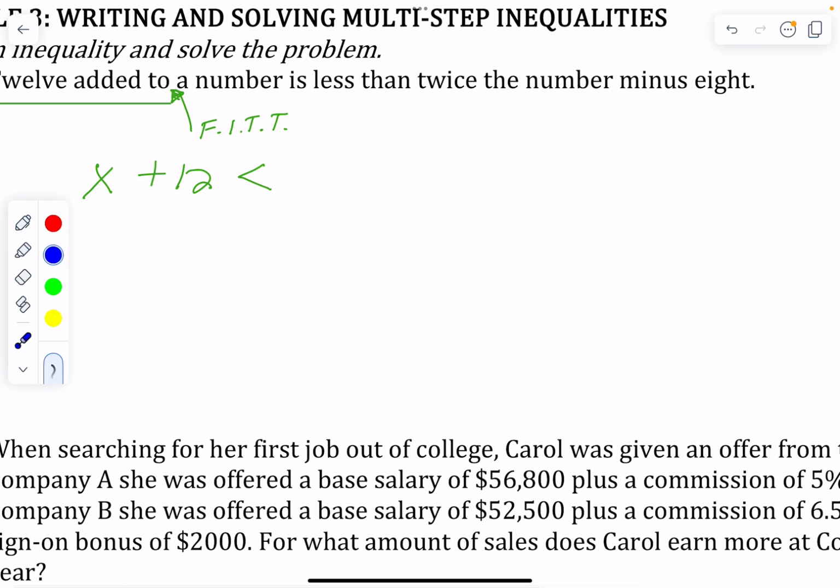Then we have twice, so that means 2 times something. Actually it's twice the number minus 8. You don't really have to have the parentheses there. I just happen to have it there.